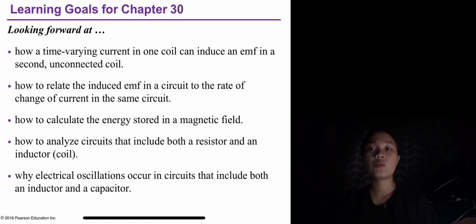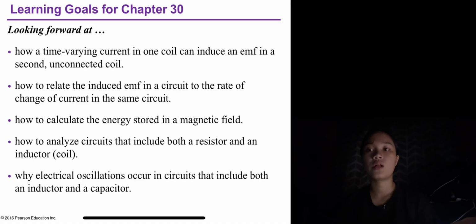And next, we will explore self-inductance, where a coil resists changes in its own current. We will also learn how inductors store energy in magnetic fields rather than dissipating it as heat.